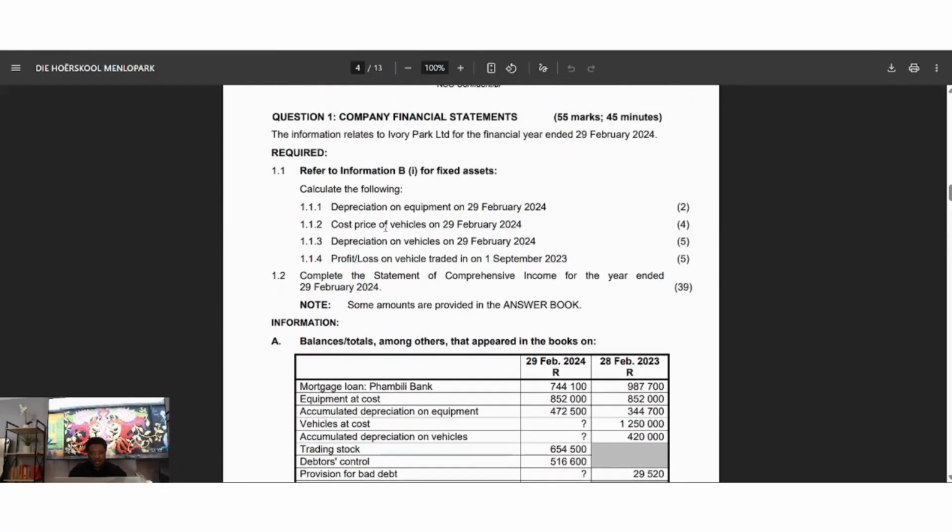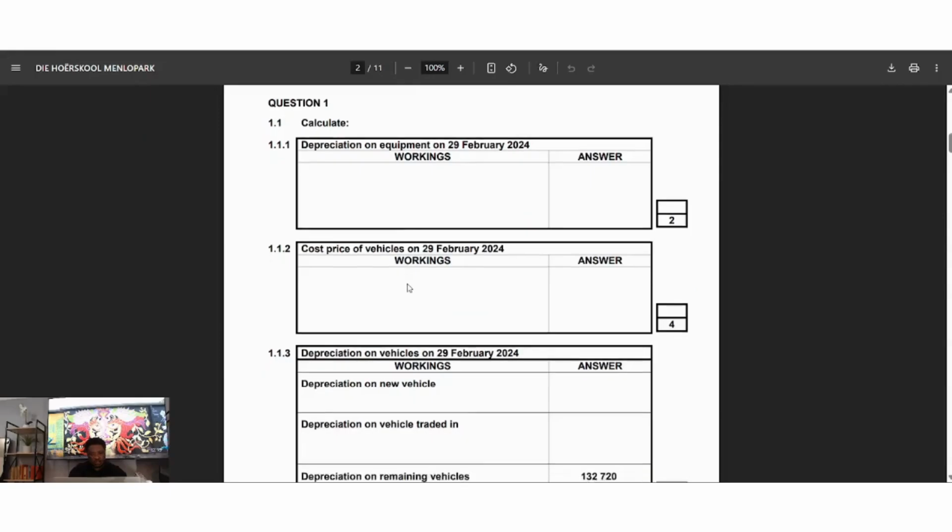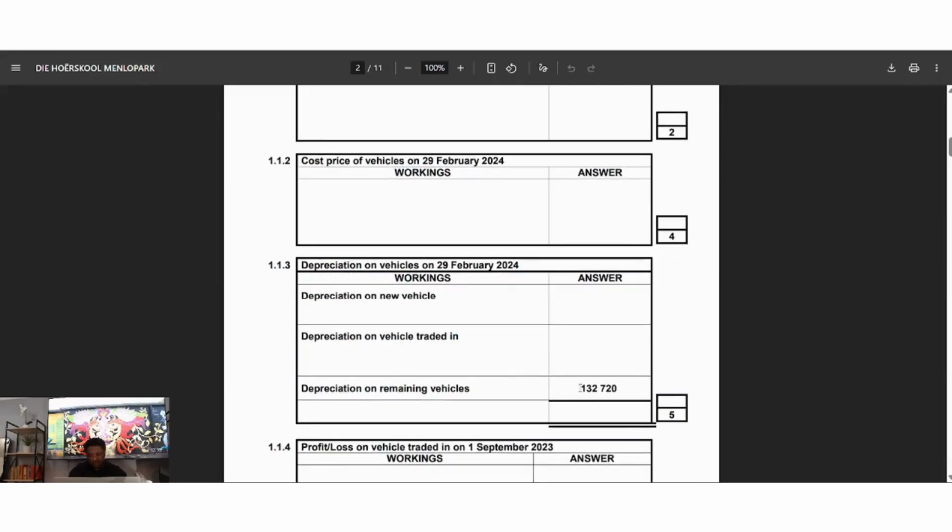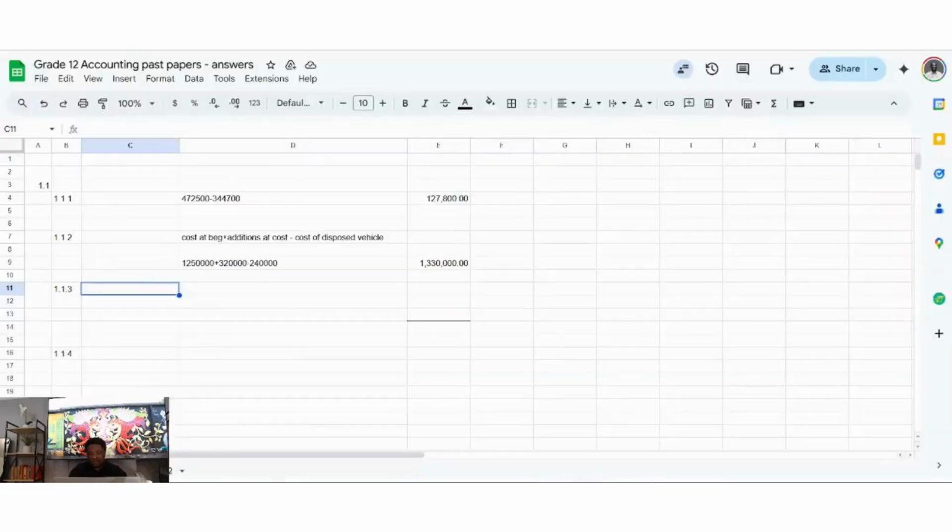The next question says we need to calculate the depreciation on vehicles, and if you do remember well, there is an amount that is provided here when you're calculating this depreciation on vehicles. So there is depreciation on remaining vehicles, and then we have two other classes of vehicles, which is the depreciation of the new vehicle and then the depreciation on the vehicle traded in. If we add up those three, we will get our depreciation on vehicles for the year ended 29 February 2024.